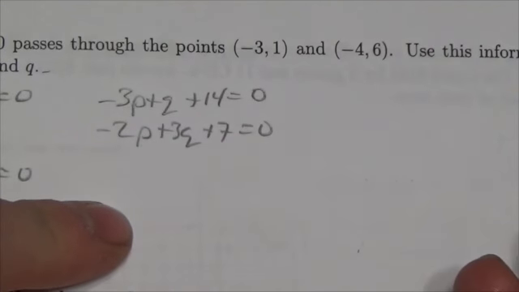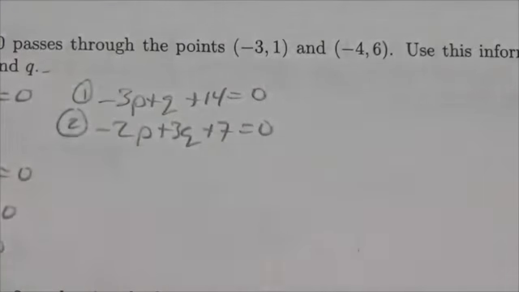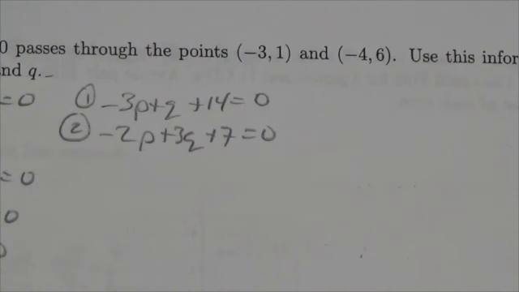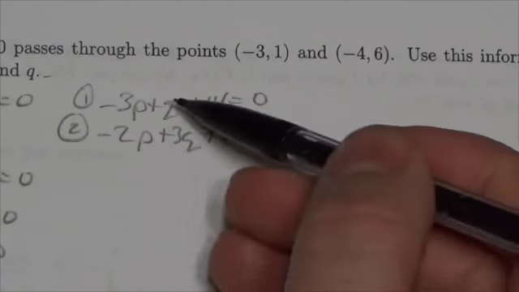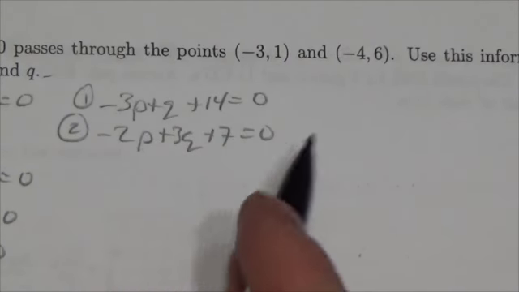Do I want to do elimination or substitution? I think most people, and this isn't necessarily true, prefer to do elimination here. So I'll eliminate the q variable because that's an easy one to do. All I've got to do is multiply the first equation through by 3.